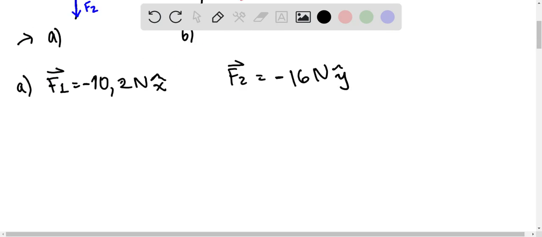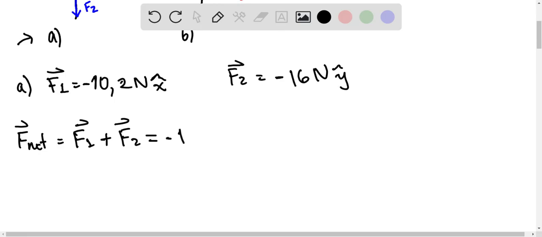Now, having this, we just need to obtain the net force. So the net force is just simply the sum of these two forces.